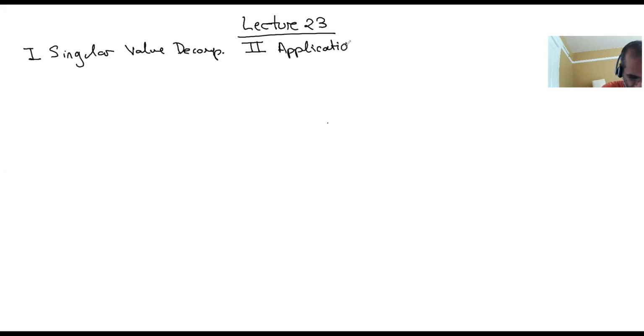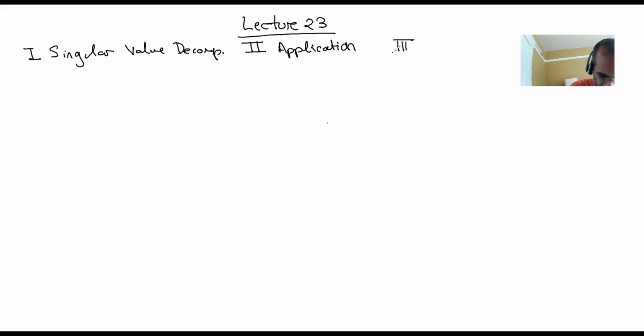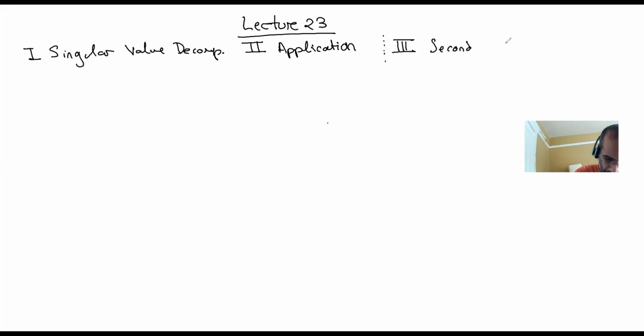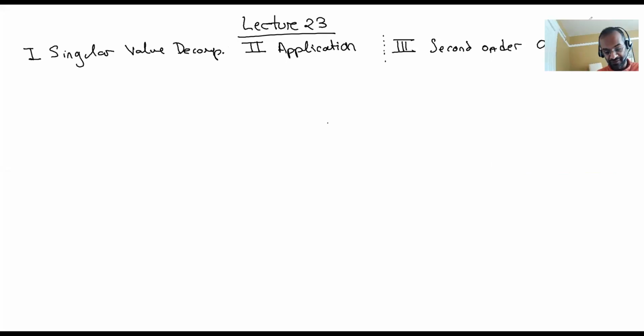So the SVD is maybe the most useful thing in this course for applied math or computer science kind of applications. So I'll give you an image compression application. And then finally, we'll move on to differential equations, where I will talk about second order ODE, which is an important class for physics, where ODE means ordinary differential equations.